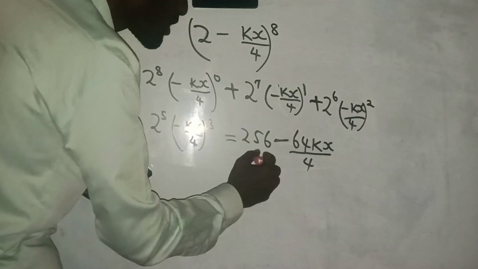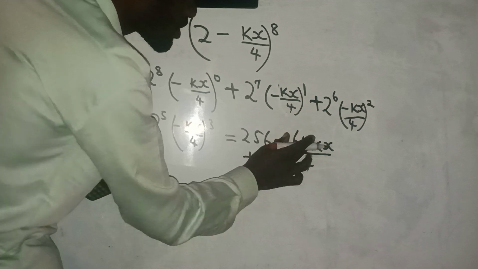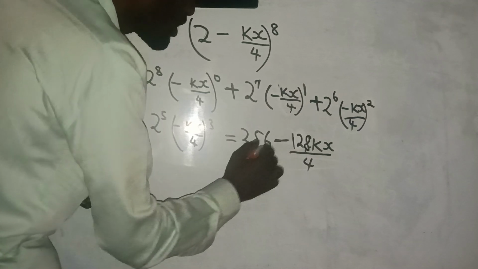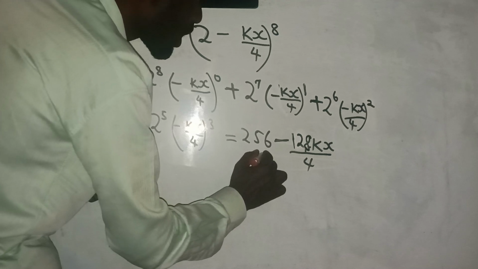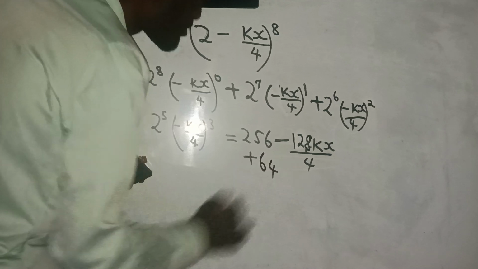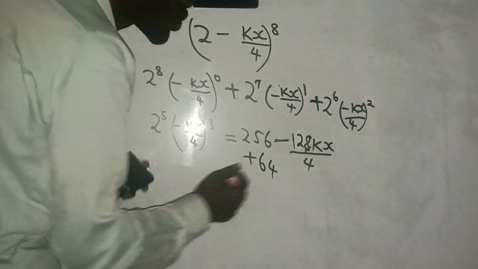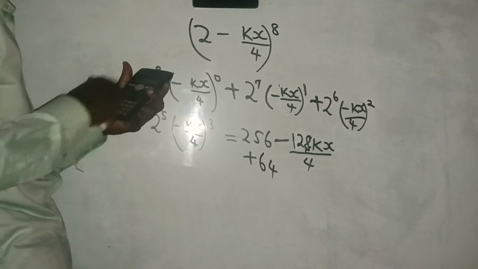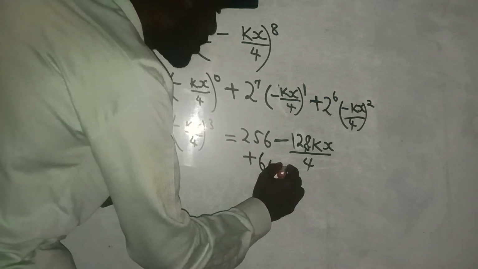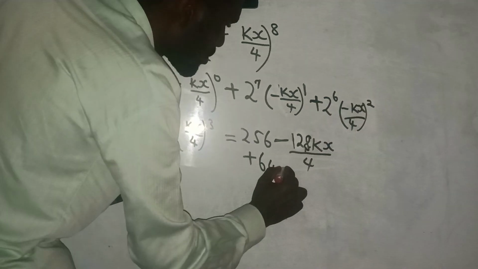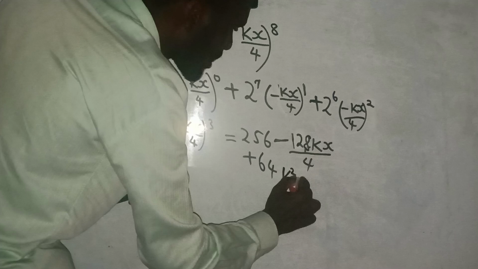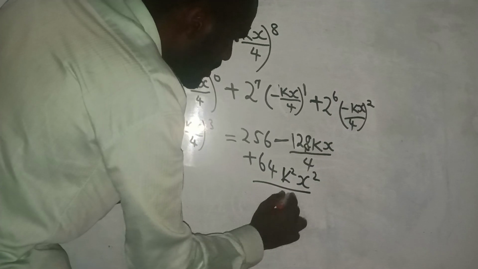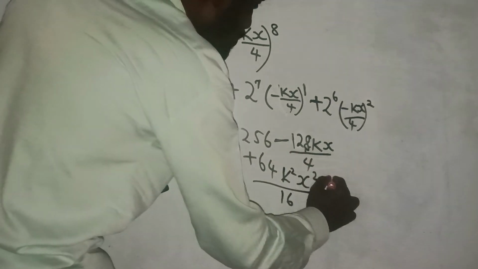So 2 raised to 6, that is 64. Okay, that is correct. Plus 64, that is 2 raised to 6. Then k squared will be k raised to 2, then x raised to 2, then over 4 squared, that is 16.